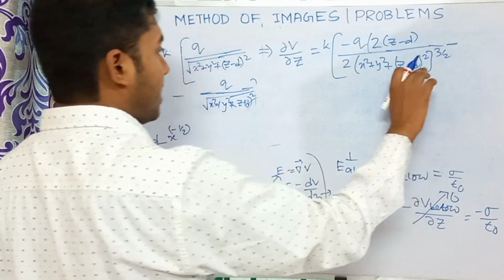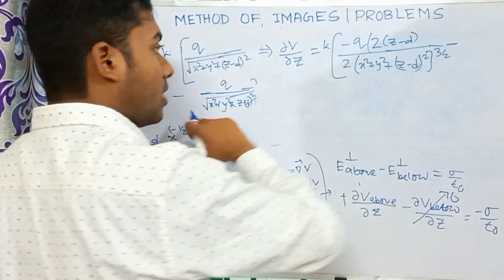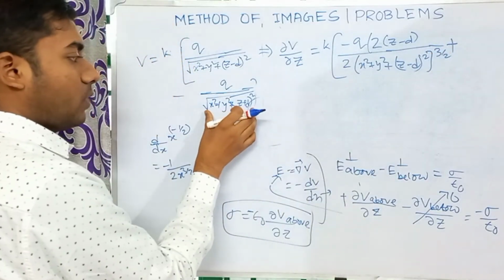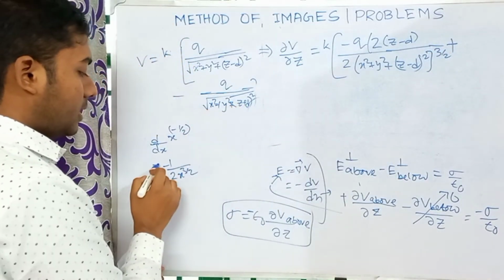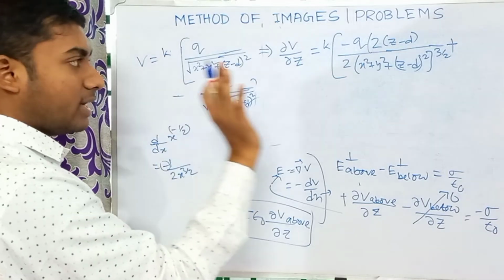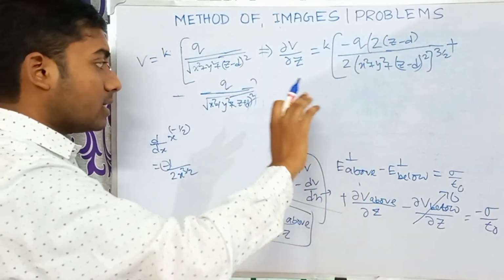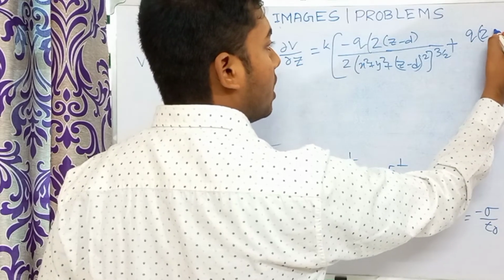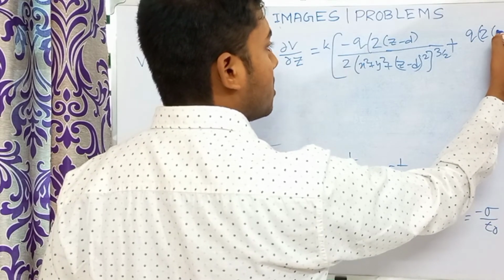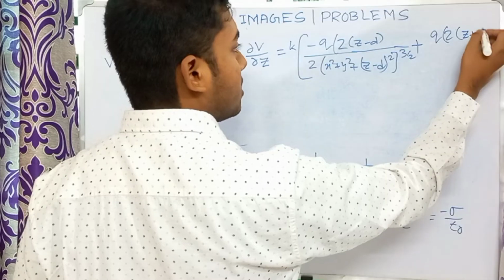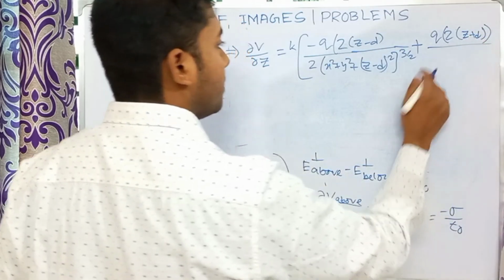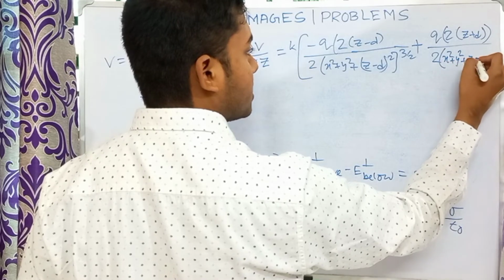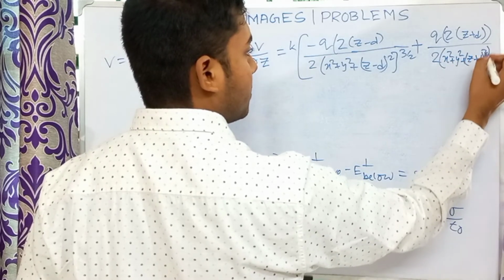For the minus sign, when we differentiate it cancels out and becomes plus. So this will be q times 2 into z plus d, divided by 2, x square plus y square plus z plus d whole square, whole to the power 3 by 2.